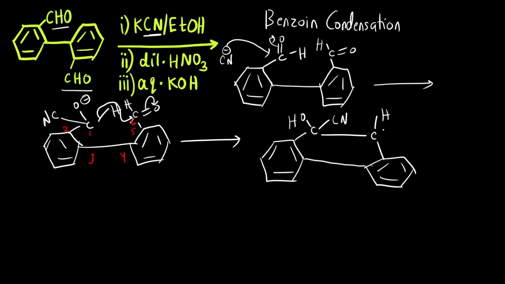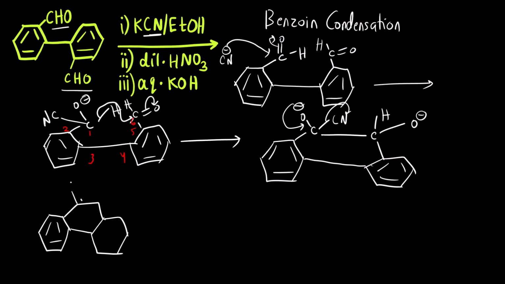So H and O minus. Now what will happen? Here it was O minus, right? So O minus will come here, and CN will be lost. So what we will get is a 6 membered ring.